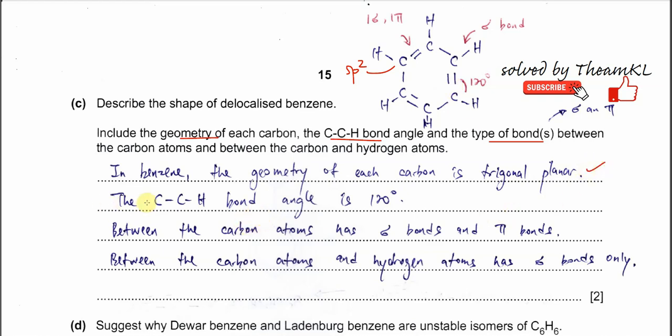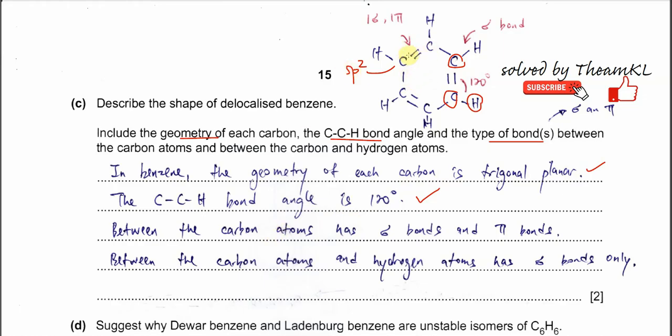And for the CCH bond angle, let's look at this. CCH, let's choose these 3. Because the carbon is trigonal planar, the bond angle here must be 120. Right, 120. And between the carbon atoms, what is the type of bonds? Between carbon and carbon, we know that it's a double bond.